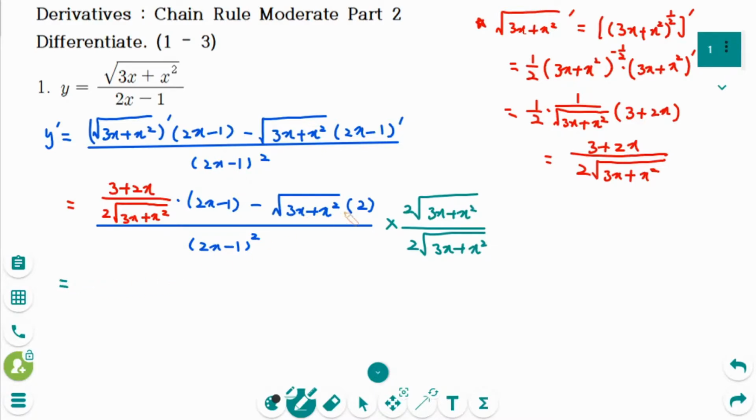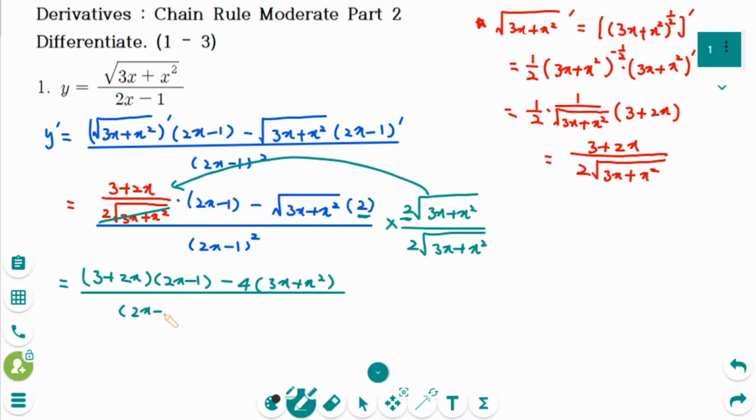Then expand. The first one is cancelled. 3 plus 2x times 2x minus 1, minus 2 times 2, equals 4. Then the square root of 3x plus x squared, squared, is 3x plus x squared, over 2x minus 1 squared times 2 square root of 3x plus x squared.